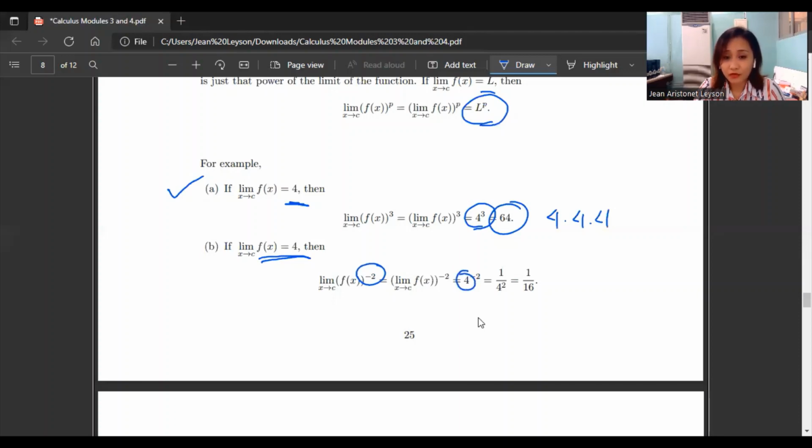The reciprocal of 4 is simply 1 over 4. Then, from being a negative exponent, it will now become positive. Then simplify, that's 1 over 16. So that's the limit of the function.